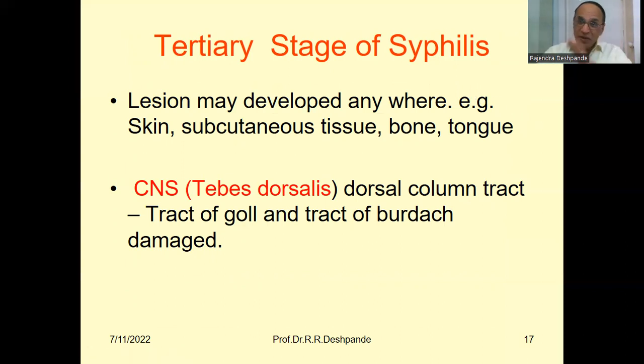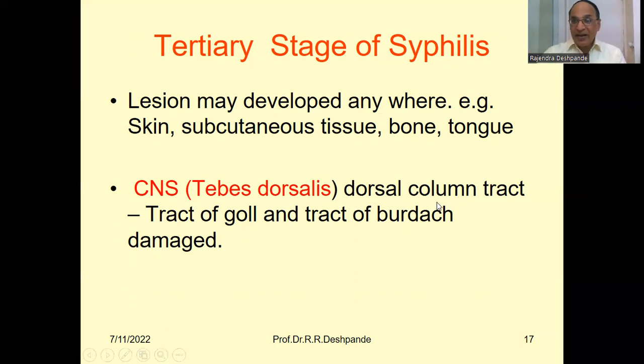Tertiary stage, very dangerous. Lesions may develop anywhere, even in the skin, in the subcutaneous tissue, in the bone, on the tongue. In the CNS, central nervous system, the disease is called tabes dorsalis. Tabes dorsalis means CNS infection due to the tertiary stage of syphilis.